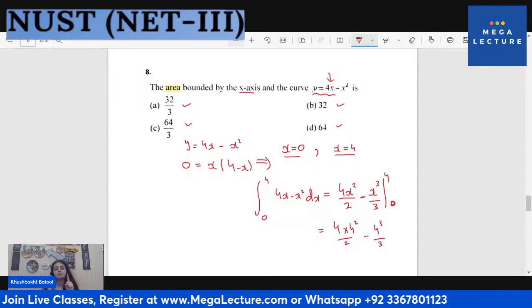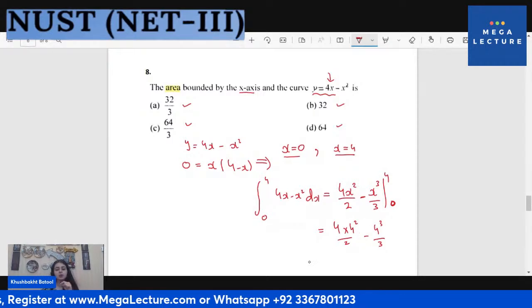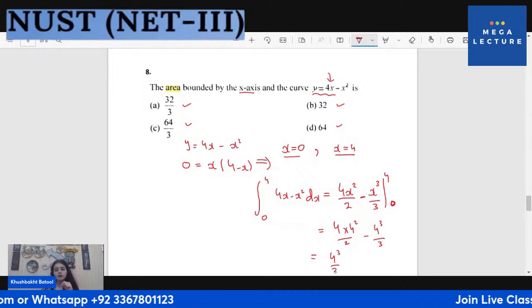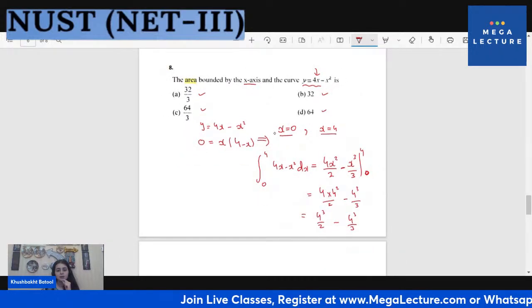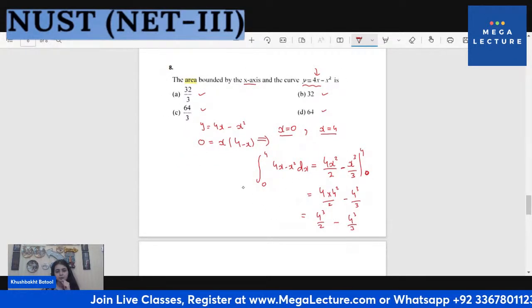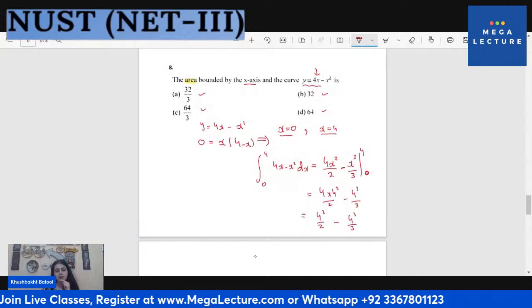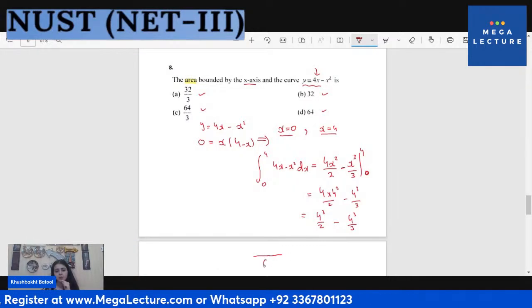Okay. So now I can say that I have 4 cubed on both sides. So I can write it as 4 cubed by 2 minus 4 cubed by 3, and then I can do it this way. I can take the LCM, that would be 6.